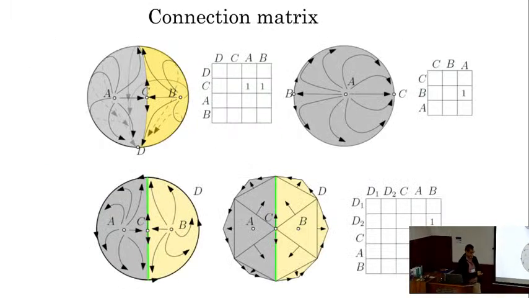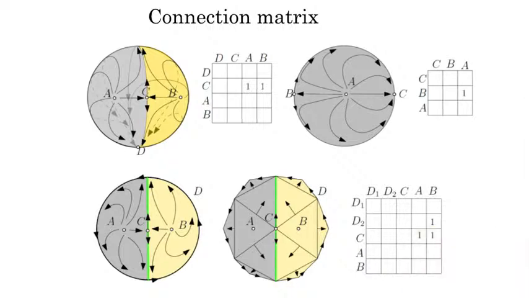Here is again some example. Here I have taken a smooth function on a sphere. The Morse set is now defined by these 4 critical points. This is like a repeller, this is like a repeller, this is like a saddle, and this is like an attractor. I took it as a gradient function.